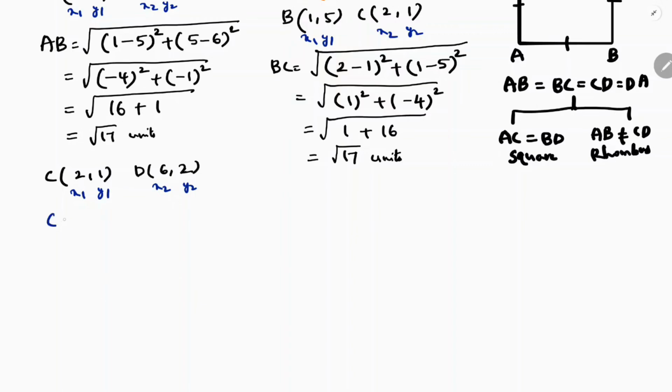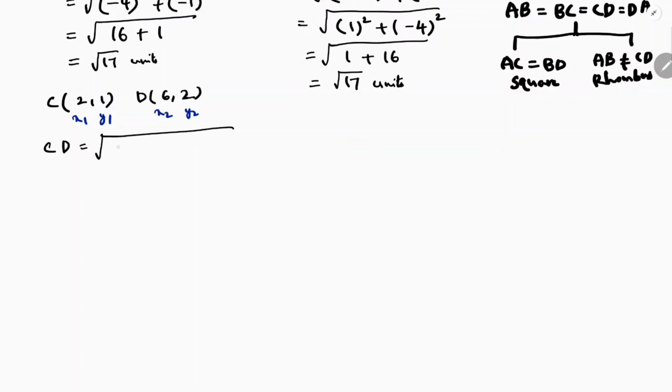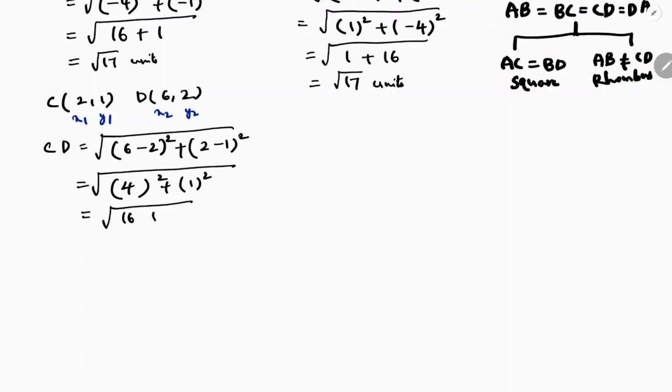CD is under root (6 minus 2) whole square plus (2 minus 1) whole square. 6 minus 2 is 4, squared is 16. 2 minus 1 is 1, squared is 1. So 16 plus 1 is 17 units. AB, BC, CD, all three are equal in length, root 17.